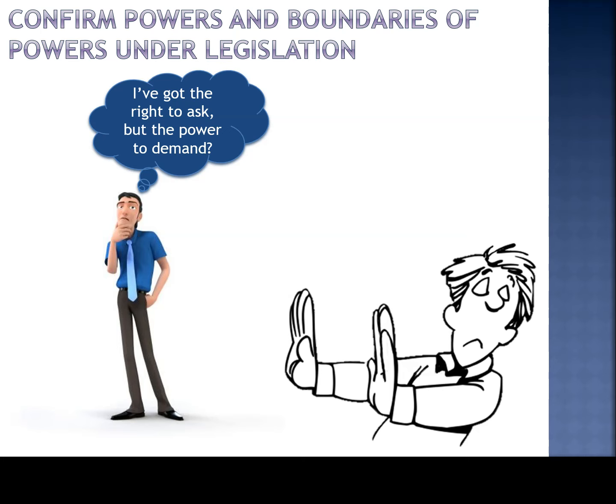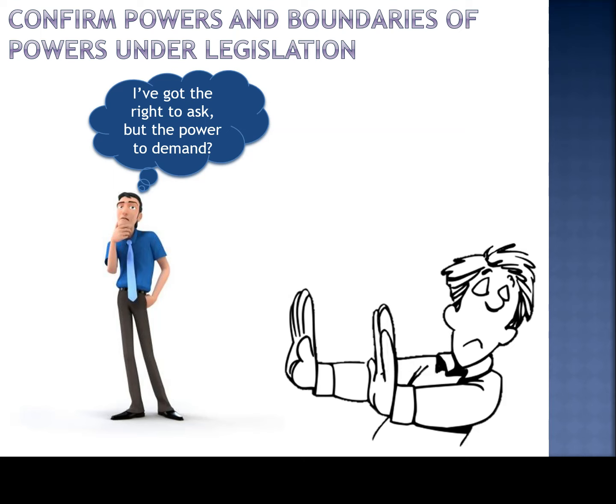But as we said before, you need to understand the scope of your powers, so what powers you have available, but also understand the boundaries of those powers or the requirements to use those powers. So you've got the right to ask anyone any question at any time, but they have equally the right to refuse to answer that question unless you have the ability through a power under legislation to demand that information.